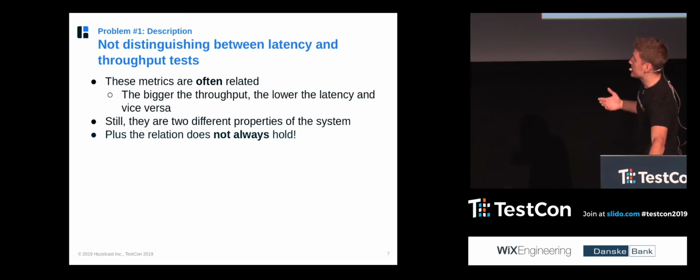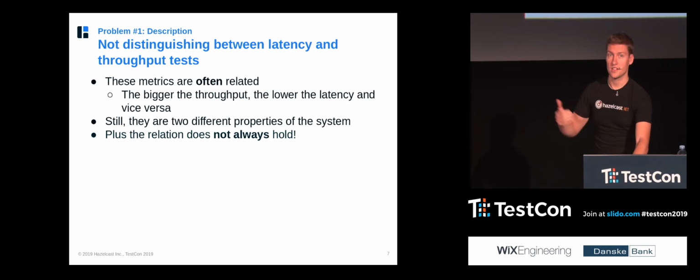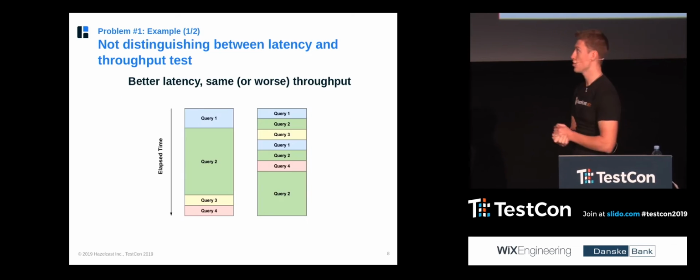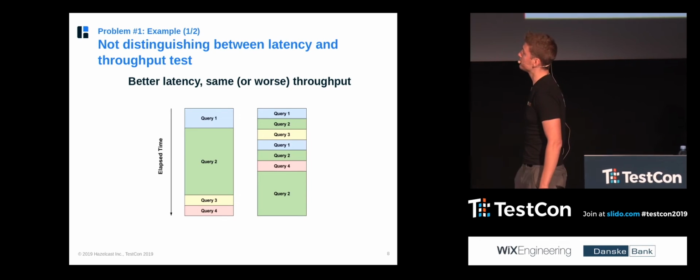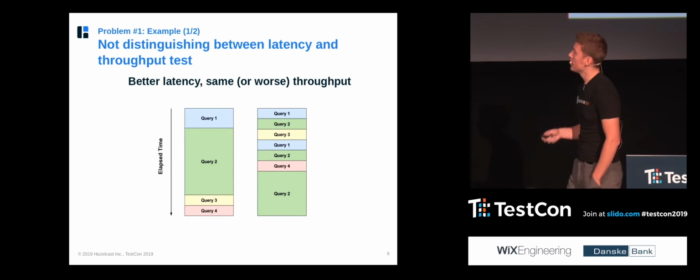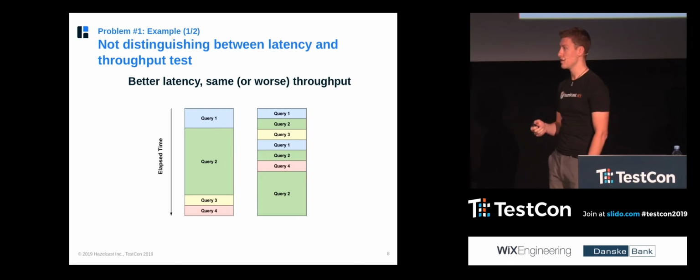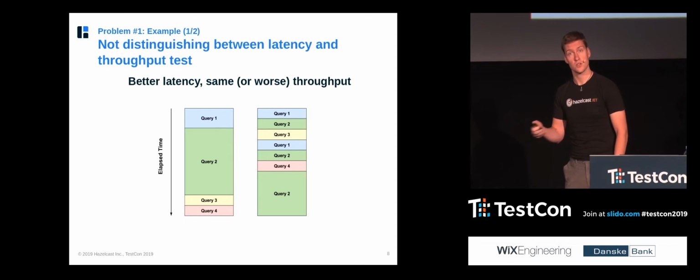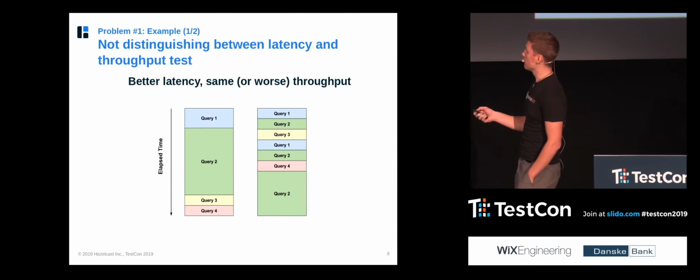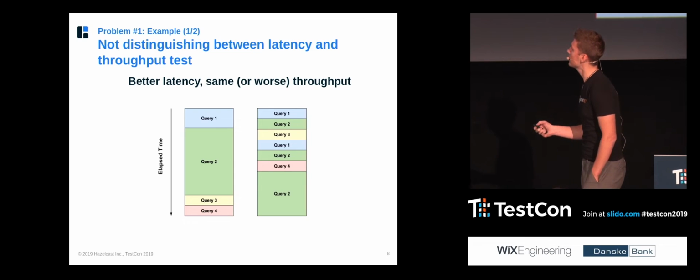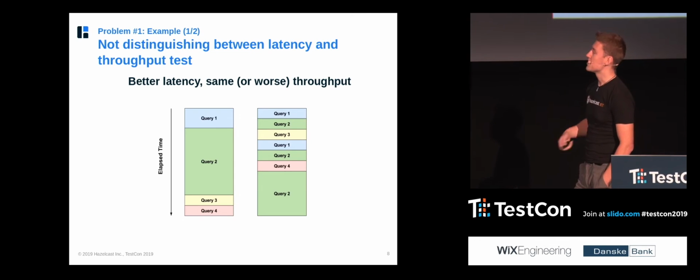Let me go to the examples where even fundamentally the metrics are not related to each other. So imagine the first scenario. This is a scenario where the latency is improving, but the throughput might actually be worse or the same. On the left side you see a sequential approach.